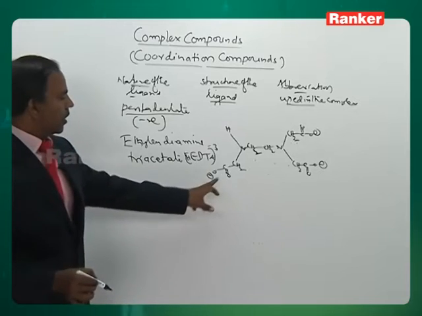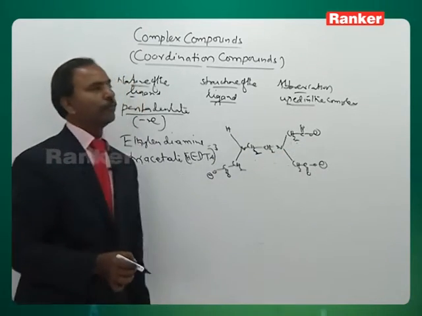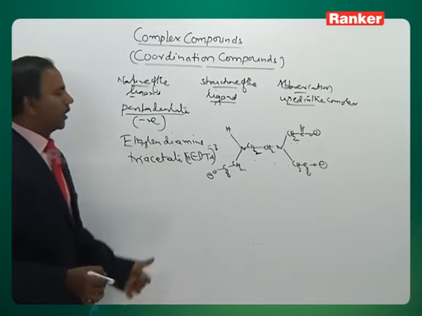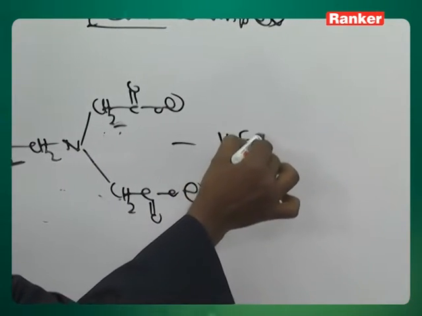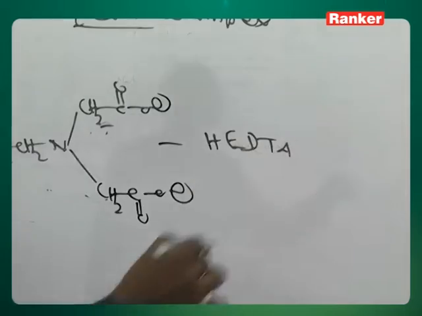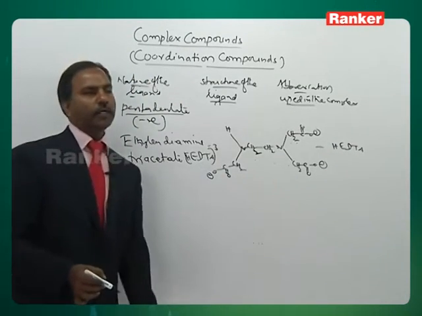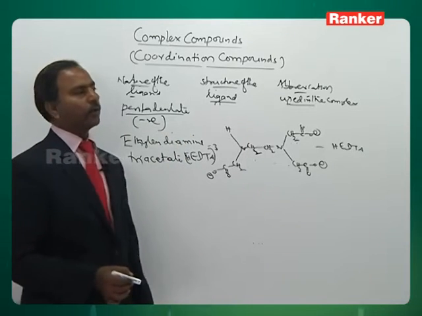See, first donor, second donor, third donor, fourth donor, fifth donor. So it is a pentadentate negative, ethylene diamine triacetate. It is represented in the complex as HEDTA. It is the one very important ligand under pentadentate, you remember.